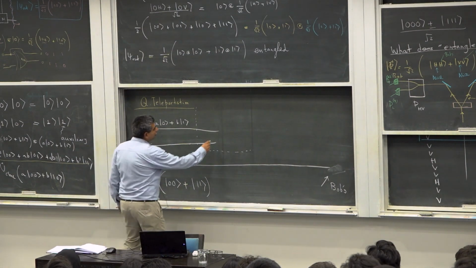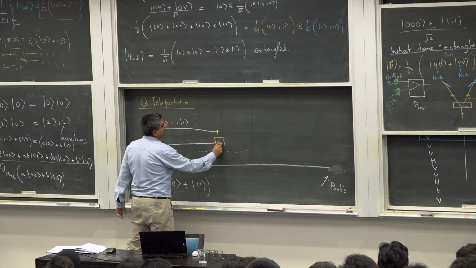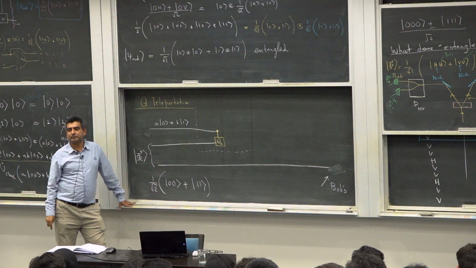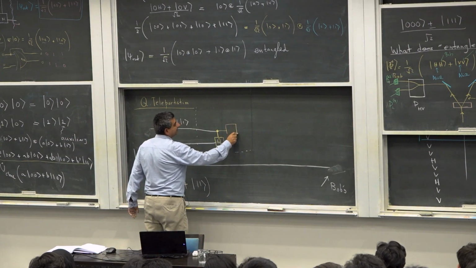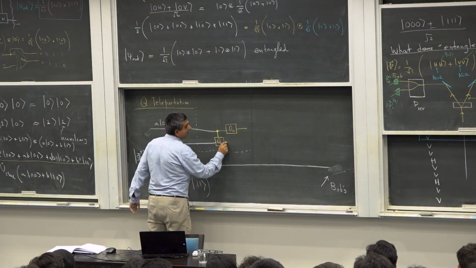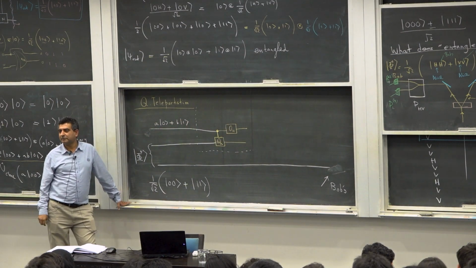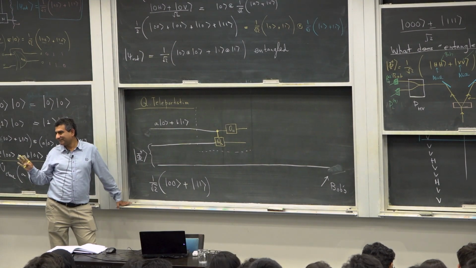She does a controlled NOT in this fashion. And there's a Hadamard gate on her first qubit. Still she hasn't done any measurement.